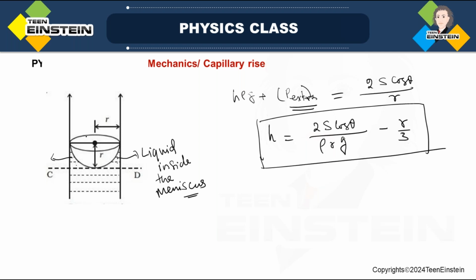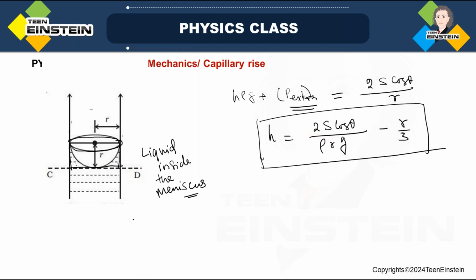This meniscus is the shape of a sphere, as I showed you in the earlier slide. Okay, and this is a hemisphere. To find out the volume of the liquid in the meniscus, we have to take the full volume of this cylindrical part, the whole cylinder first.